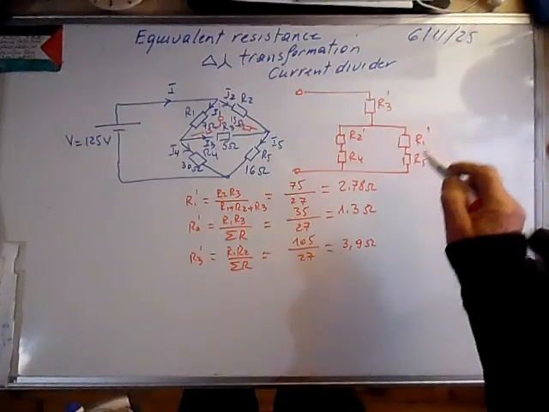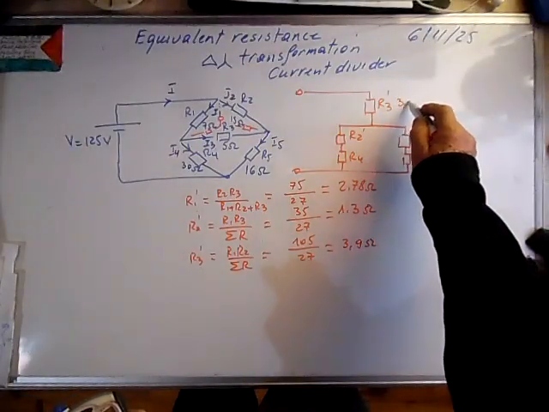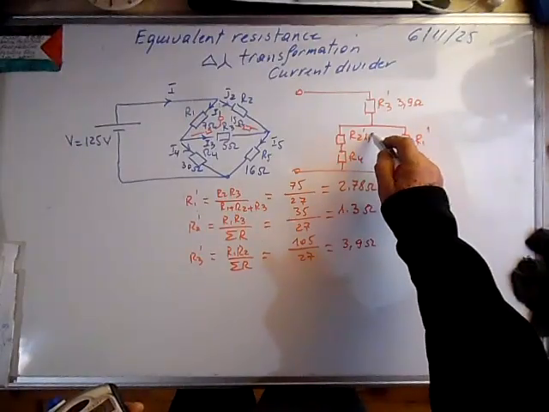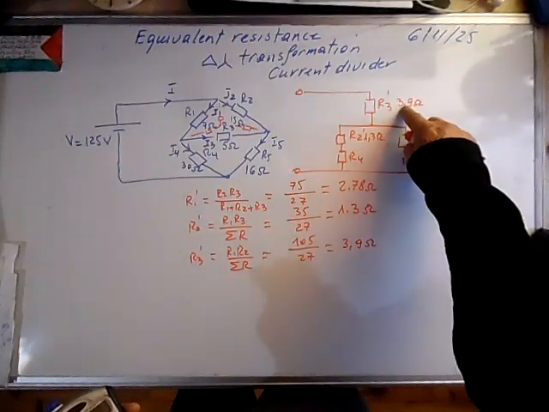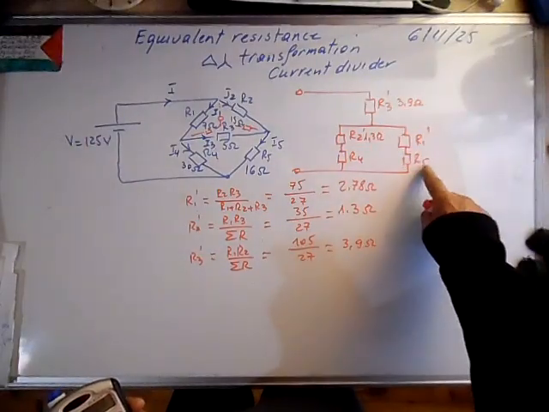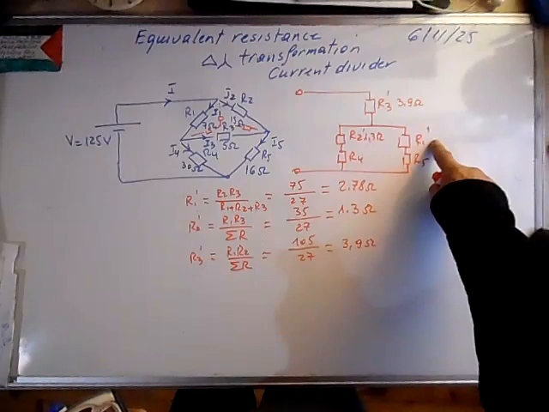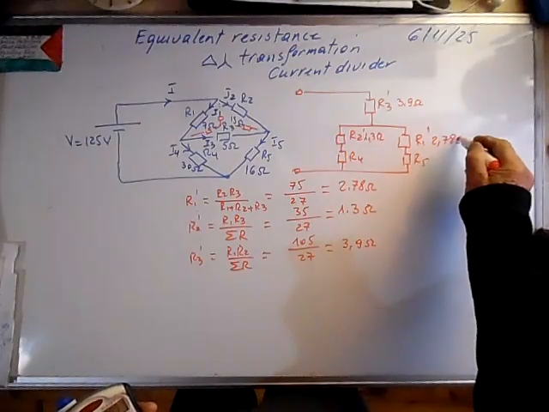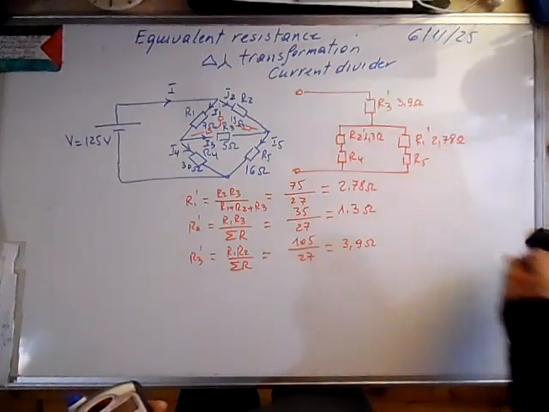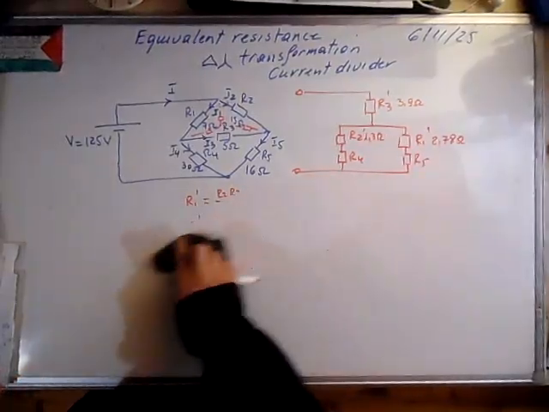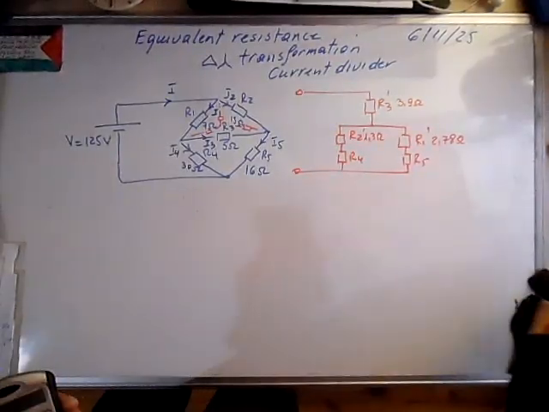So here we have 3.9 ohms, R2 prime is 1.3 ohms, and here we have 2.78 ohms. Okay, we completed the circuit. Now we can calculate the equivalent resistance.